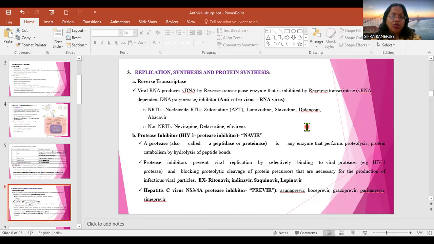These are the drugs. Now coming to the protease inhibitors. Protease is an enzyme which helps in the synthesis of viral proteins. So the HIV-1 protease inhibitor is a drug that can inhibit the enzyme that performs proteolysis, protein catabolism by hydrolysis of peptide bonds. Okay.